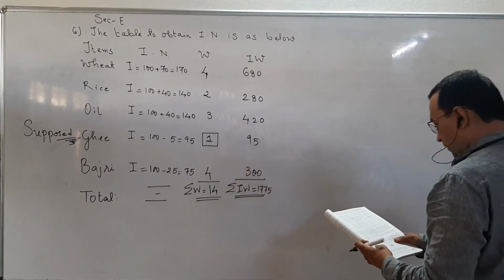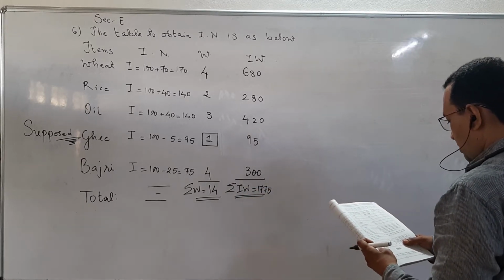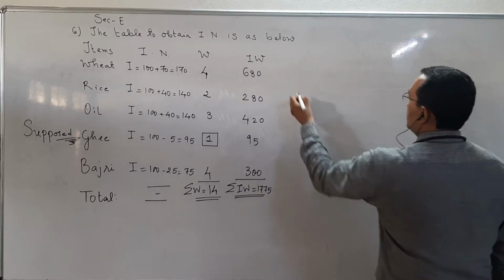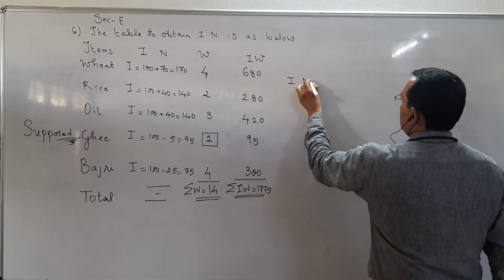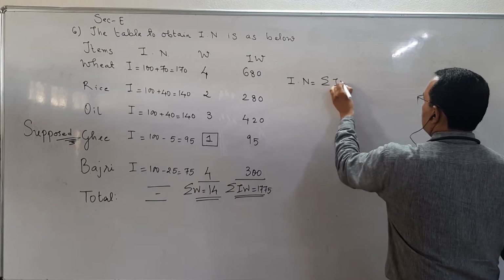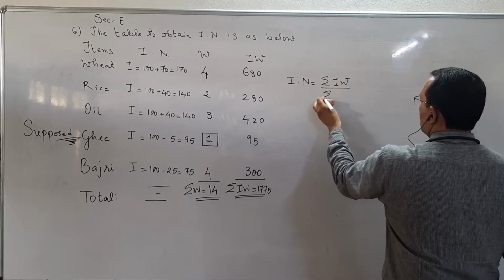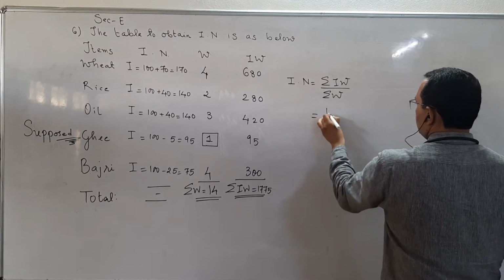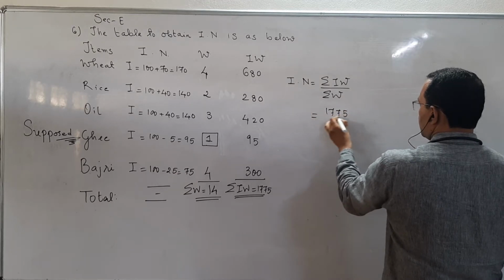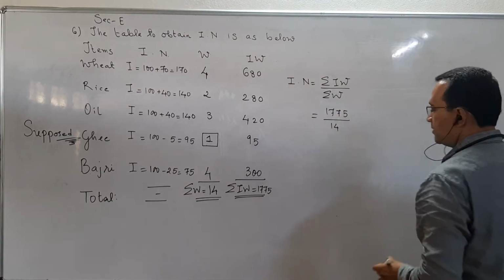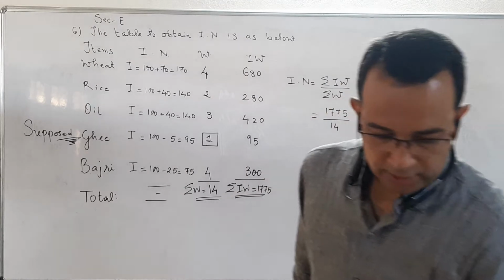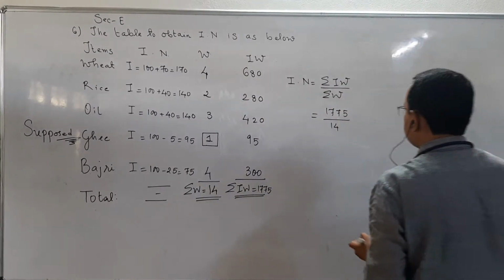So we are told to find the price index number of group of these 5 items. So index number, it is not cost of living index number. So sigma IW upon sigma W, 1775 divided by 14, and this gives us 126.79.